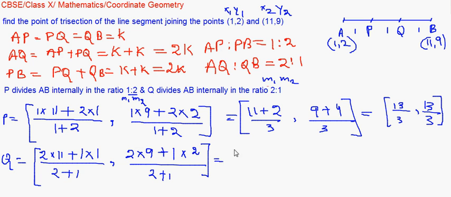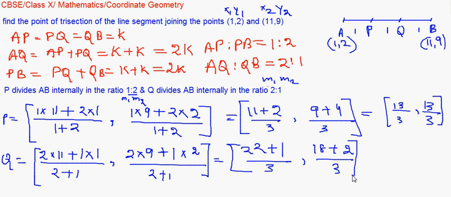That's giving me 22 plus 1 by 3, and here it is 18 plus 2 by 3. That finally becomes 23 by 3 and 20 by 3.